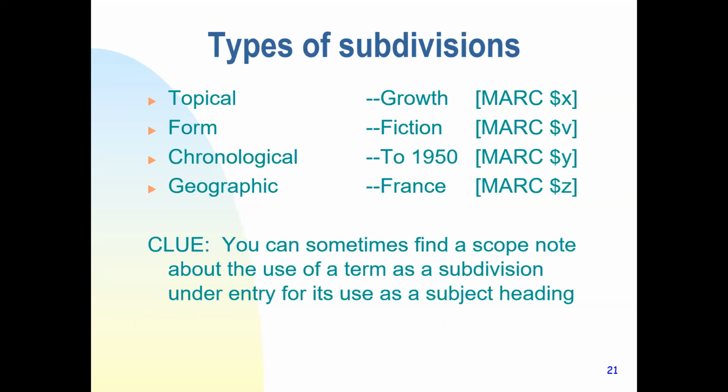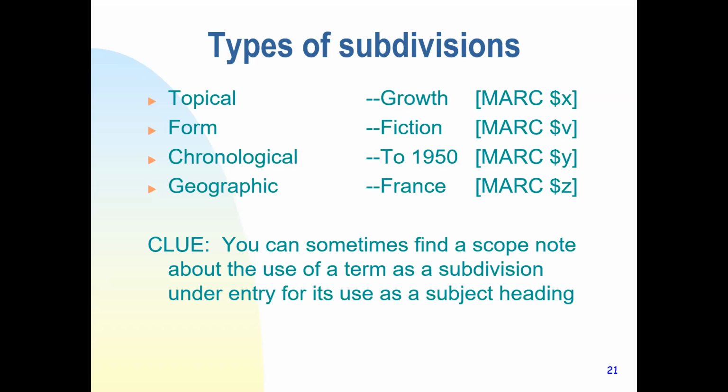And these are just the types of subdivisions, and the subfields that you would use in a bib record when constructing the subject heading string with that subdivision. Some terms that you would use as a subdivision may also be valid as subjects on their own, like biography.